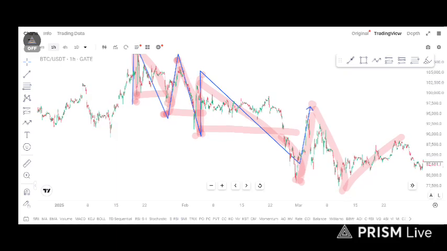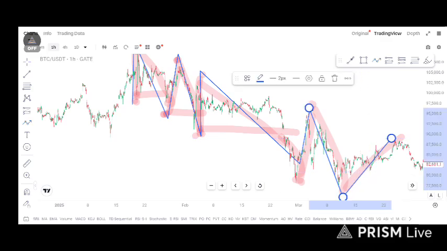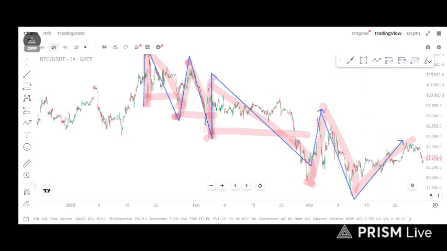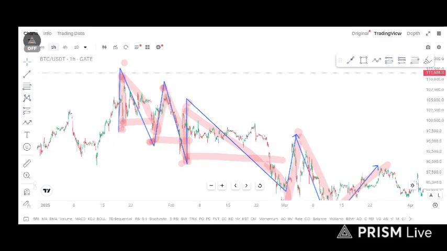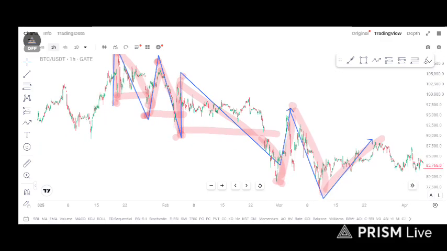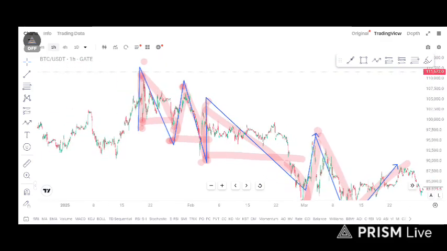Are you seeing? A series of lower highs and lower lows. Very simple. Okay. Now that's it for this downtrend. Are you seeing why this is a downtrend? Very simple.